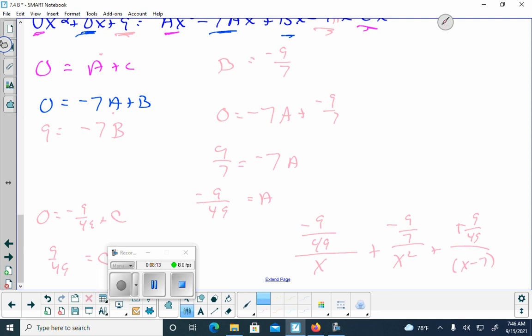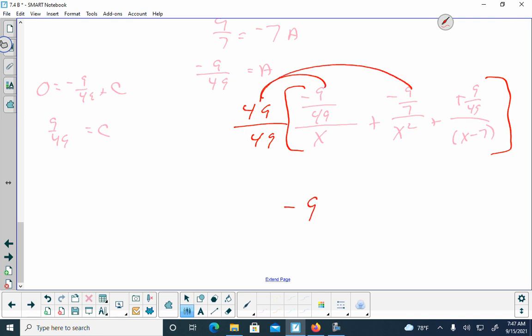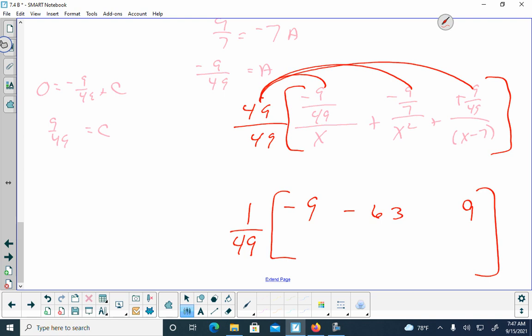You have to get rid of the fraction within the fraction of the complex fraction. So what I decide to do is multiply both the numerator and the denominator by 49. When I do that, I'm going to get negative 9. This times this, the 7s will simplify, and I'll be left with 7 times 9, which will be negative 63. And then this times this will be positive 9. My denominator, I'm going to leave that 1 over 49 outside, and then I'm going to have x, x squared, and x minus 7. And that's my final answer.